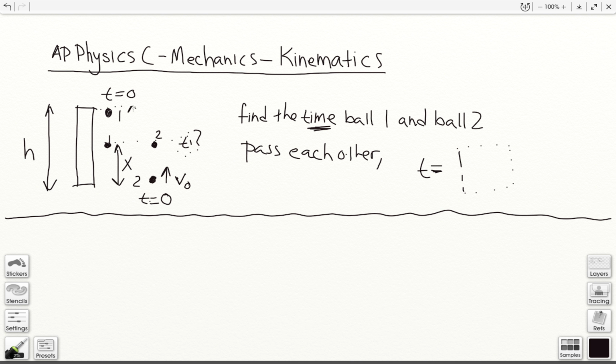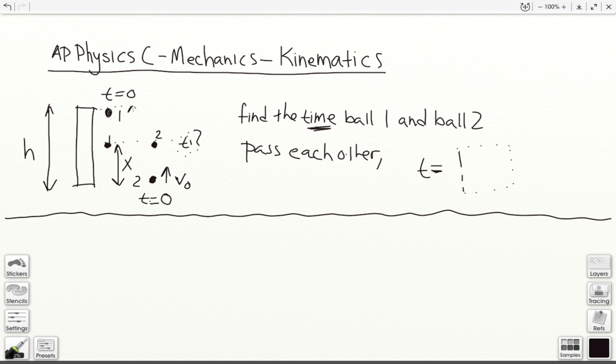This is the distance that ball 1 has dropped, and x is how far ball 2 has come up for them to meet. And again, we don't know what this x is. We don't know the distance where ball 2 meets ball 1, but I'm just going to call it this variable x.